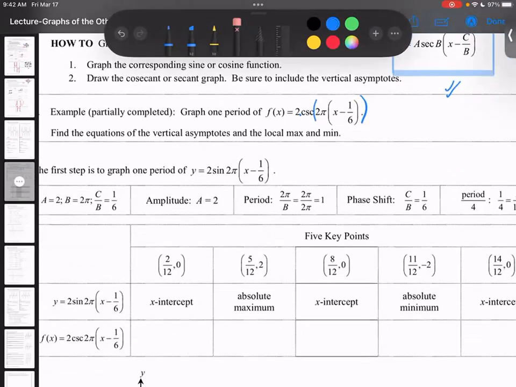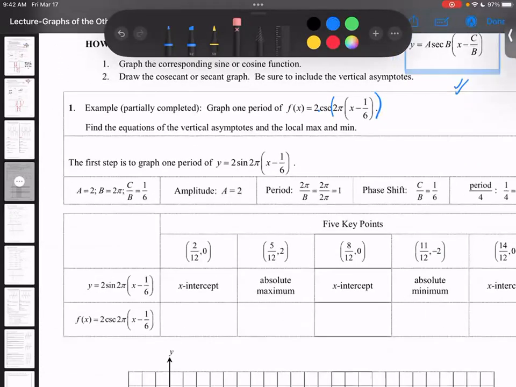They already factored out the b, so that's good. This part right here, we did that last time, so I don't want to repeat myself. Again, you rewrite this. Let me give you a little tip. Cosecant is the reciprocal of what function? Sine, right? So you can rewrite it as this.